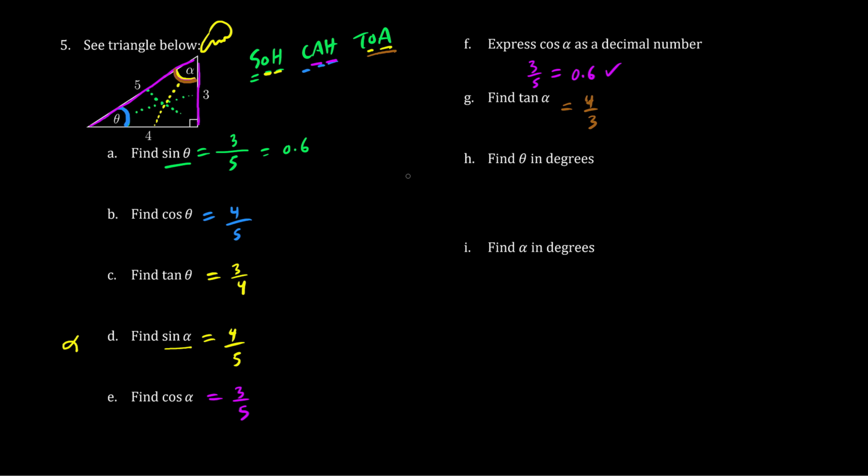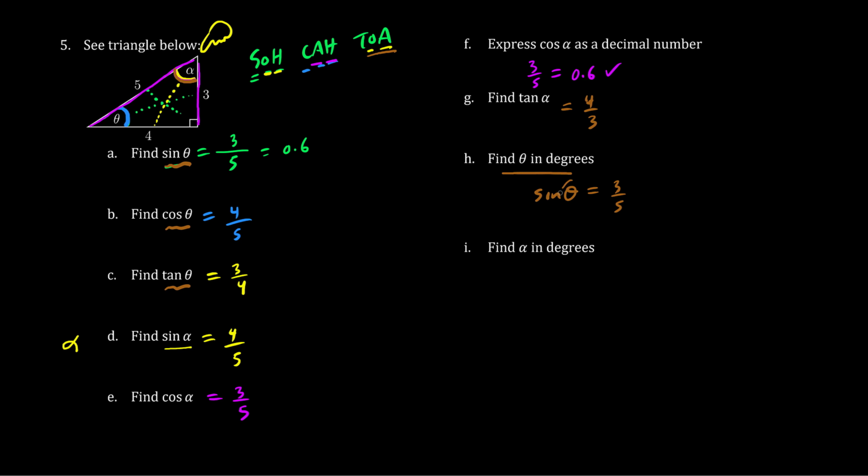And finally, we're going to find the angle. To reveal this golden egg, theta, we can use either sine theta, cos theta, or tan theta. It doesn't really matter which one we use. Let's just use the first one. We have sine theta, from our previous work in part A, equal to 3 over 5, or 0.6.